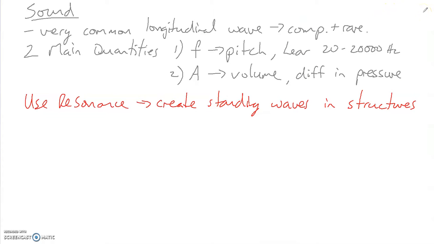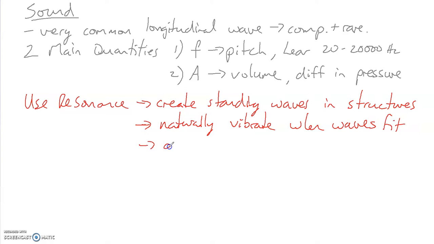Okay, so we use resonance to create standing waves inside of structures in order to create sound. Now, there's another part to this as well, because when you are able to do this, it will naturally vibrate when the waves actually fit inside, and when this happens, this amplifies the sound.